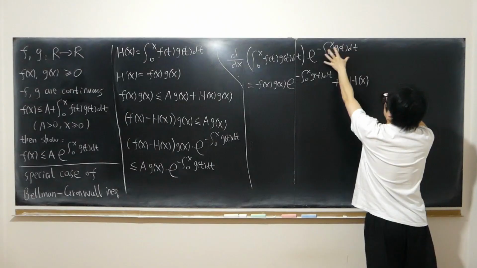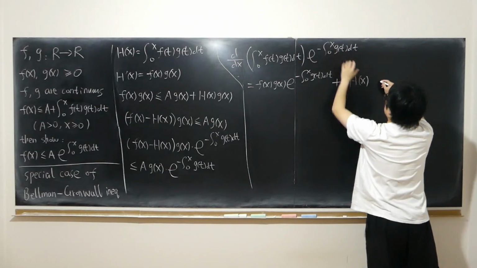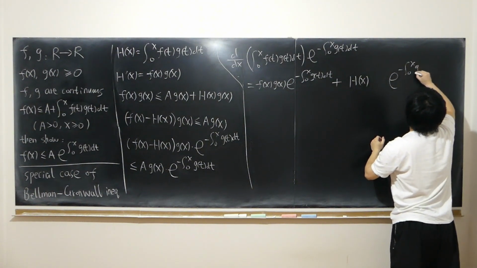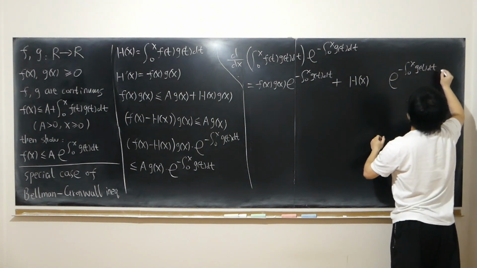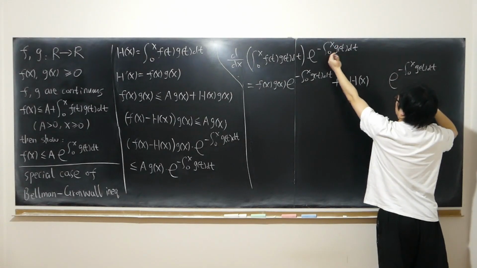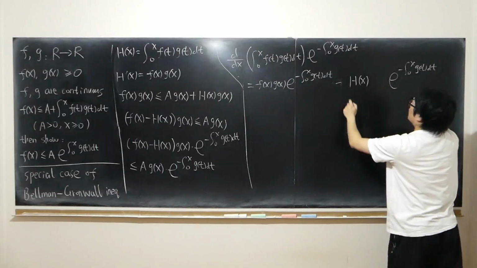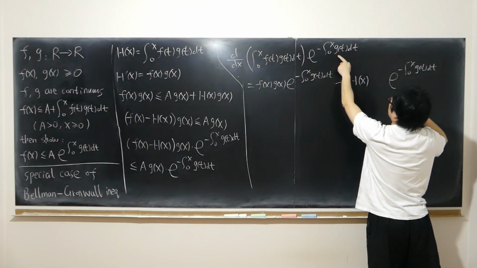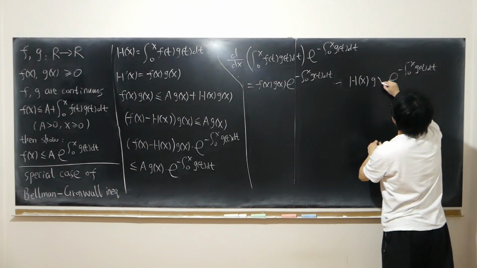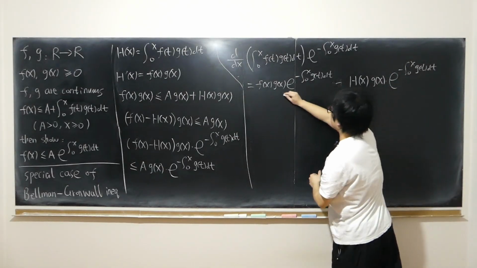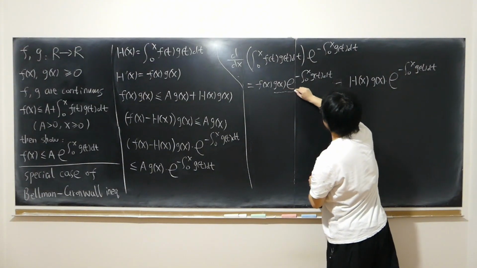When you differentiate this, first you keep this, then you differentiate the top. Notice there's a negative sign coming out. Then you differentiate this integral, so it becomes g of x. So the common factor is g of x times this exponential.